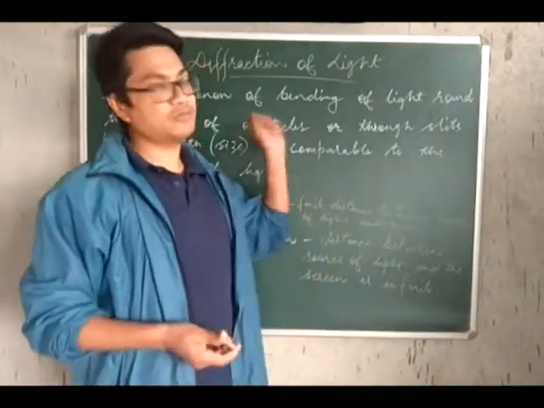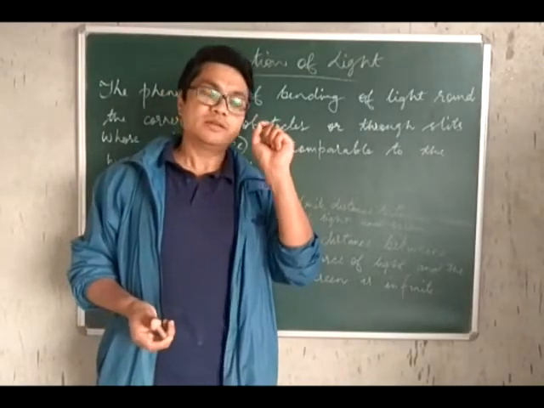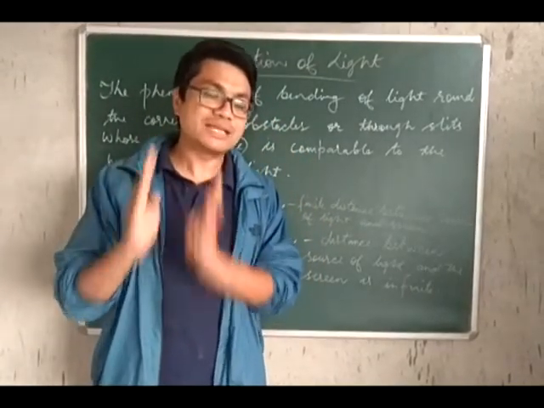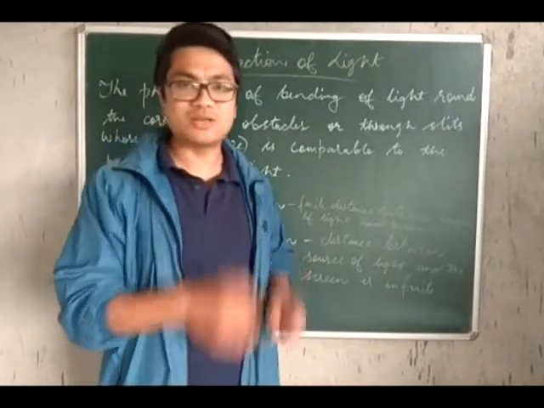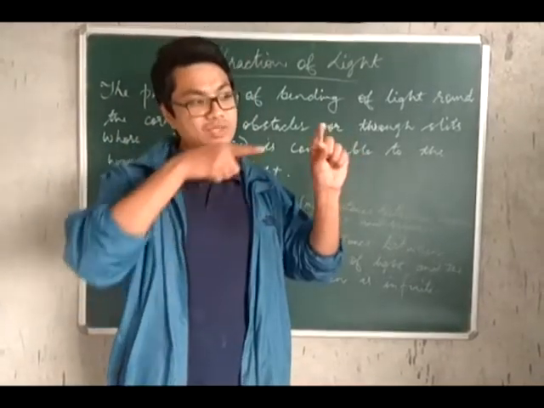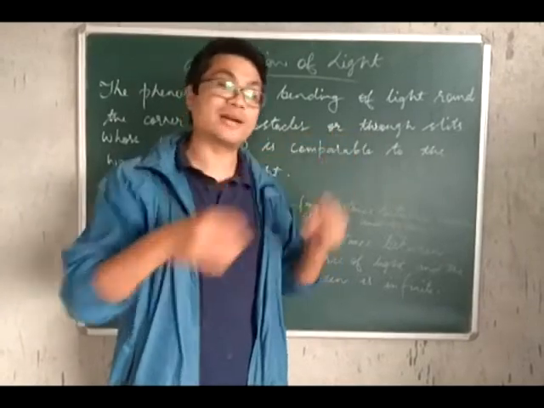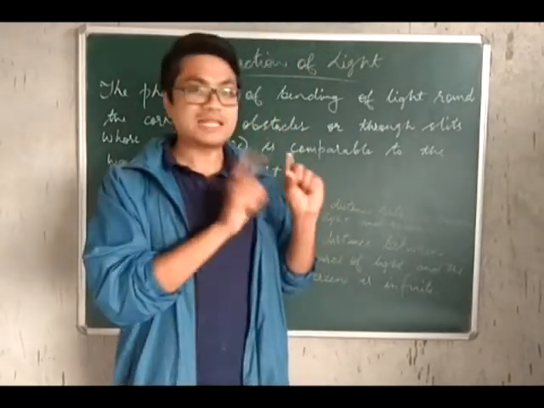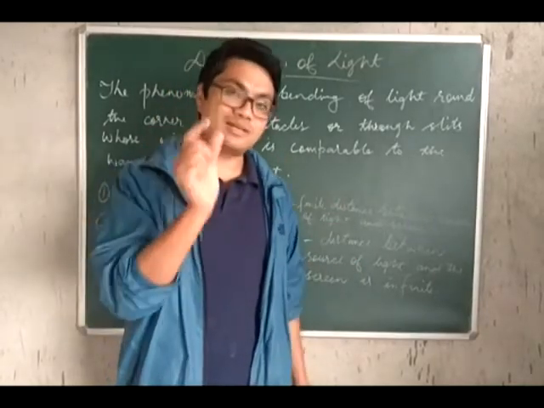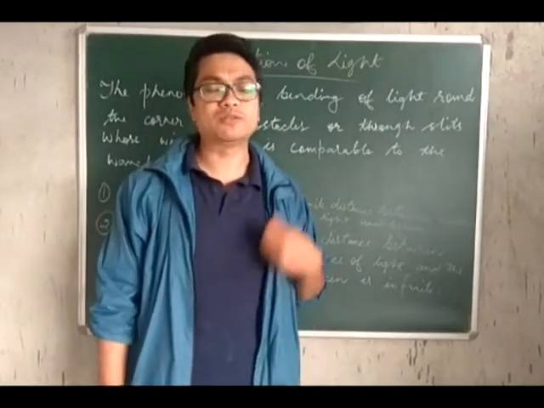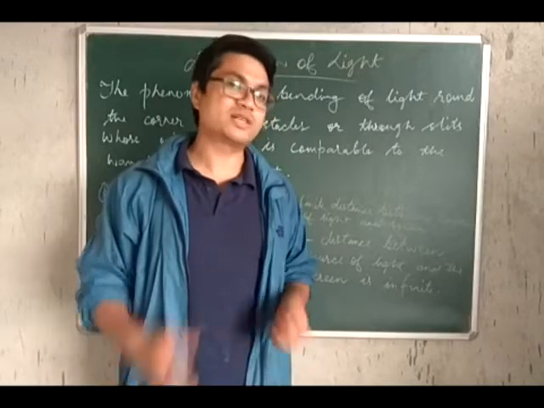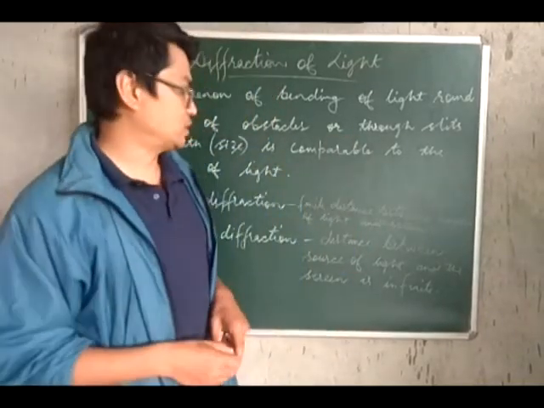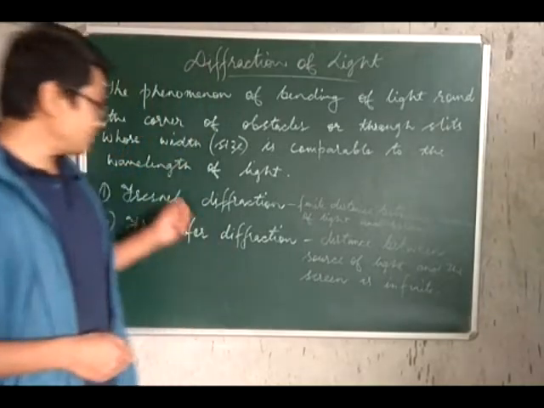So diffraction, which is bending of light, is true only under a certain condition, that is the size of the slit or that of the obstacle. Round the corner of the obstacle also diffraction takes place, bending of light happens. But the size of the obstacle or the size of the slit has to be comparable to the wavelength of light. In that kind of scenario, we will see bending of light happens, which is called diffraction. Now, diffraction can be of two kinds.